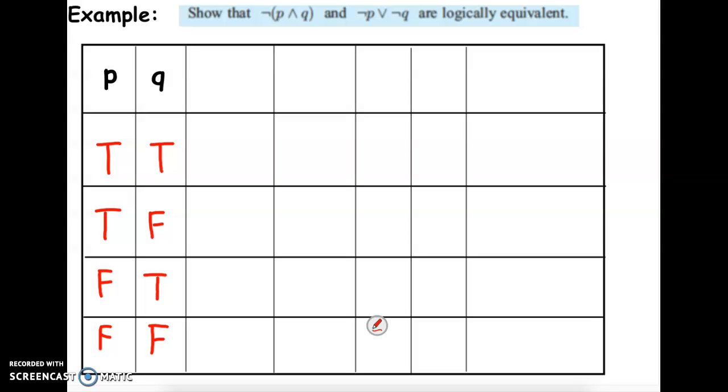All right, here we go. We're going to start off by doing this piece. Remember that symbol has the word and in it. So this is P and Q. So we're looking at column 1 and column 2.